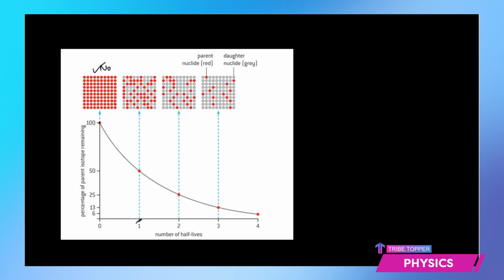Then after the next half-life, it reduces to 1/4 of the initial, so you are left with around 25. You can see the lines refer to these numbers accordingly. After the third half-life, it is going to be half of 25, so that's 12.5, and this is how your sample reduces. So it's an exponential decay.